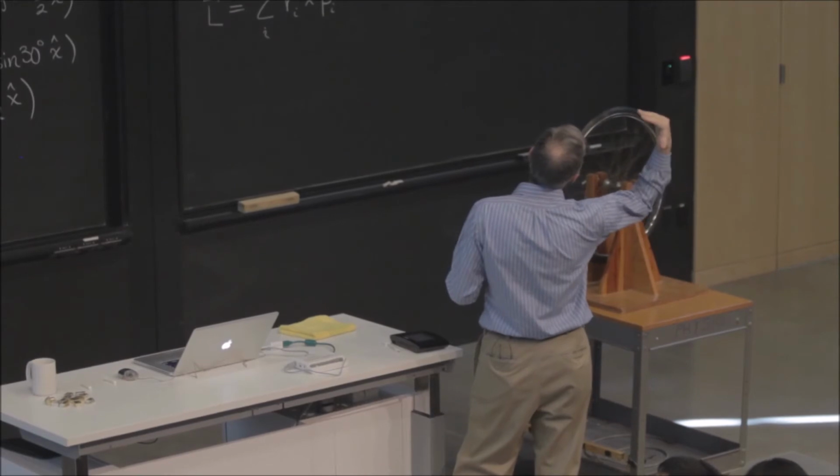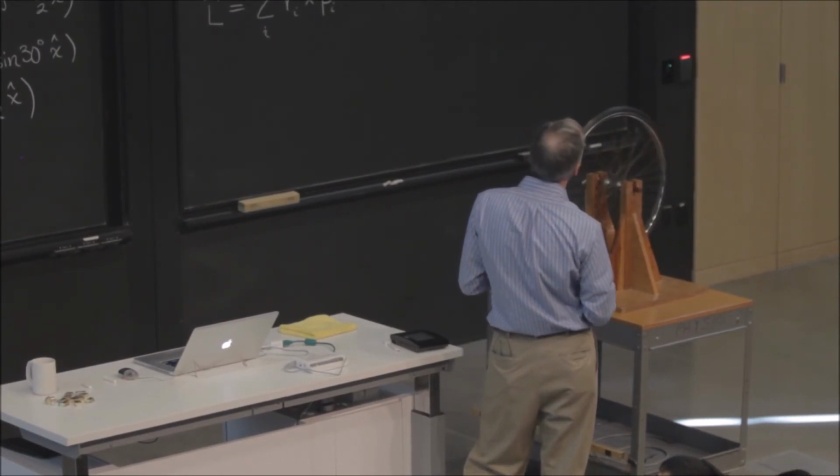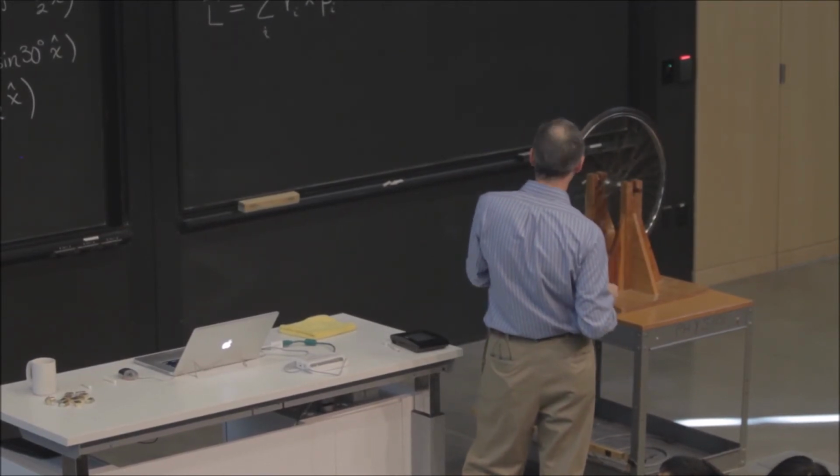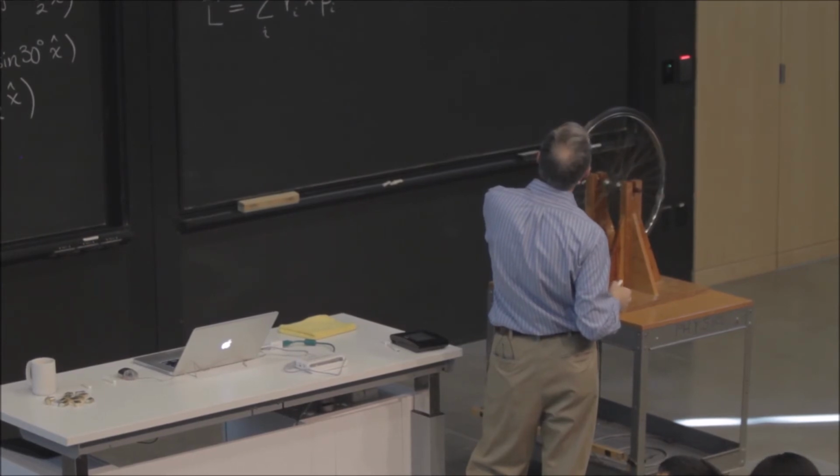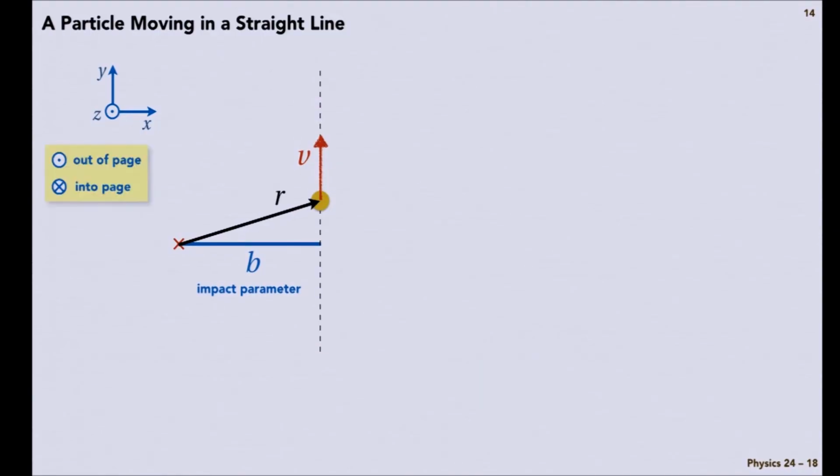Okay, so once again, r crossed into v, and the right thumb points out of the page. So that's in agreement with z. Okay, so that was easier than having to do fancy differentiation that we had to do before.